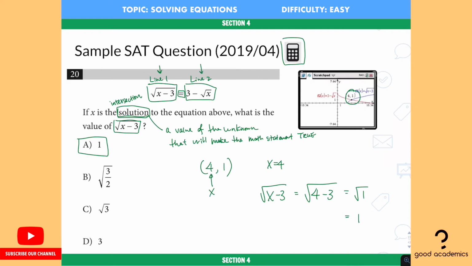Eventually you will still get to the right answer, but it's going to take you way more time if you do the quadratic equation afterwards. So I would really not suggest that you do that, especially since this is in Section 4. You can use a calculator, so just make sure that you know the meaning of the word solution. That's very, very, very important here.